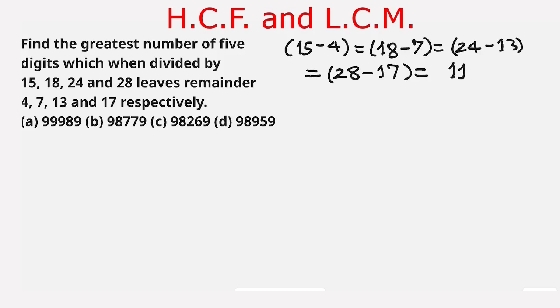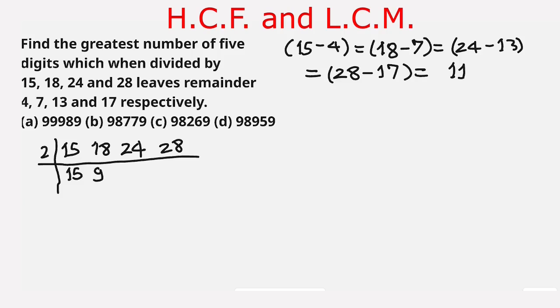Now we will find the LCM of 15, 18, 24 and 28 by the common division method. We divide these numbers by 2. We write 15 as it is, as it's not divisible by 2. 2 divides 18 for 9 times, 24 for 12 times, 28 for 14 times. Now we again divide by 2.